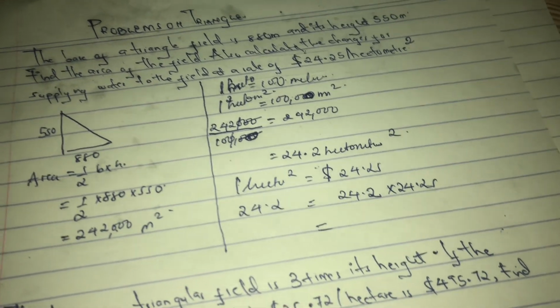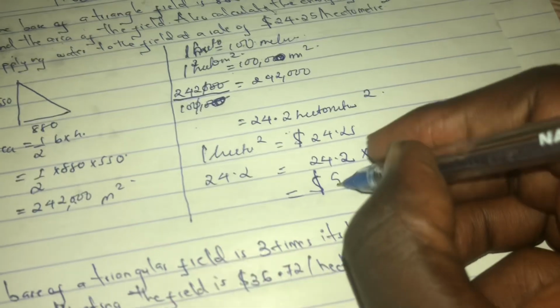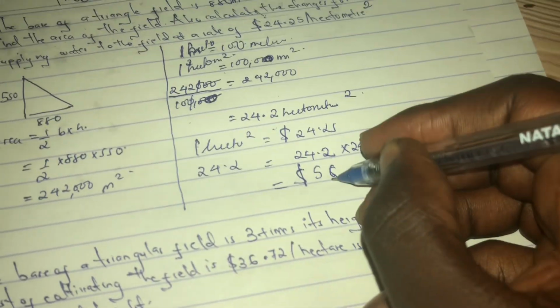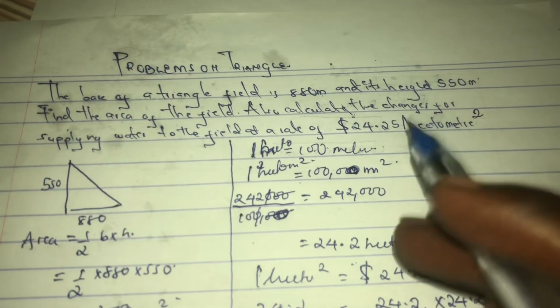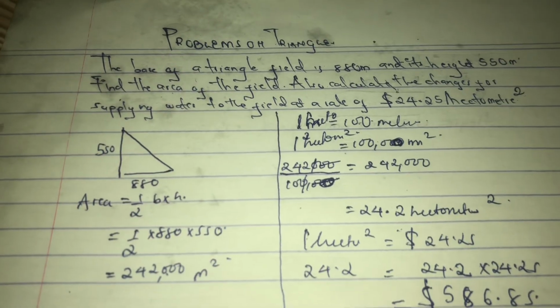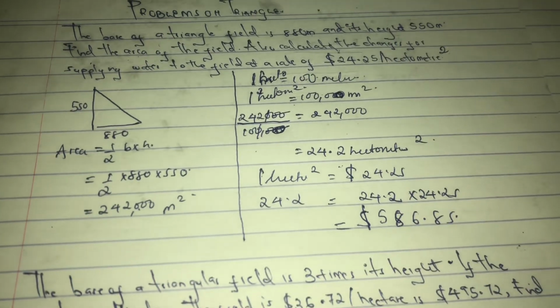So the answer will be $586.85. That means these are the dollars that will be used for the supply of the water.